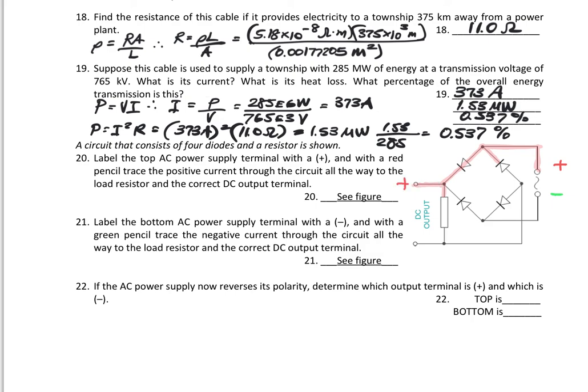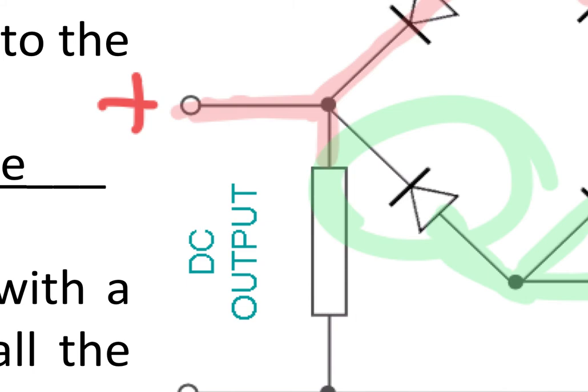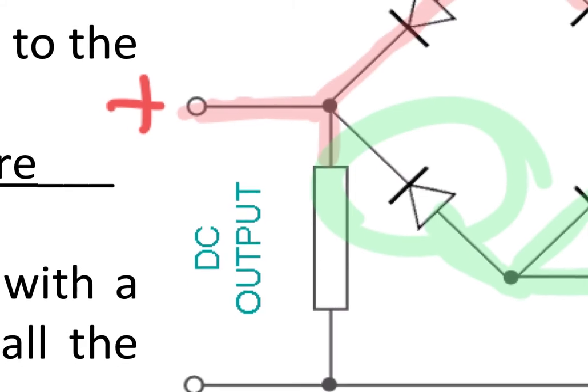Now, in terms of the negative, remember that the direction of diodes shows the direction of the positive current flow. So for the negative voltage, it actually stops. You'd be like, oh, wait a minute, why is it stopping right here? Because that arrow shows the direction of the positive charge flow.